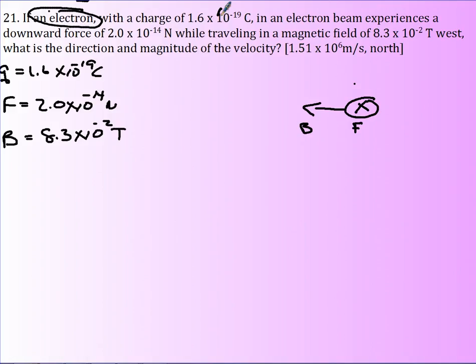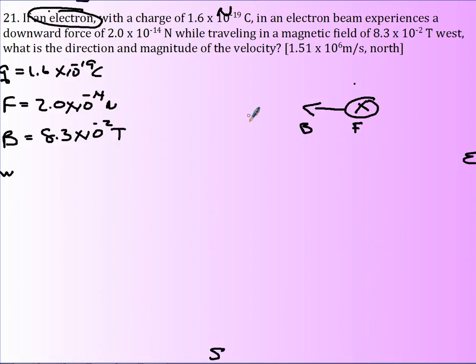Because remember, north, south, east, west. Put this on your paper. Okay, this will help you orient yourself. And then it's up and down out of the paper. All right, so let's see. B is to the west. What is the direction of the velocity? Put your fingers to the west. Now the force is down.